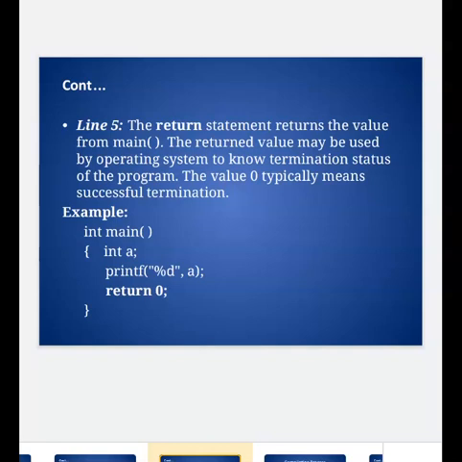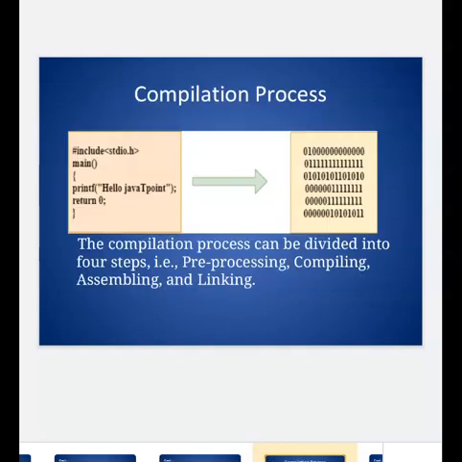The compiler checks the source code written by the programmer for syntactical and structural errors, and if the source code is error free, then it generates the object code, which can be executed by the computer. The compilation process can be divided into 4 steps: pre-processing, compiling, assembling, and linking.